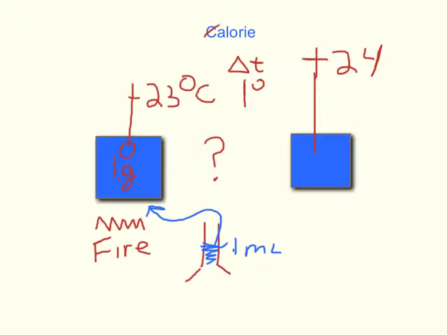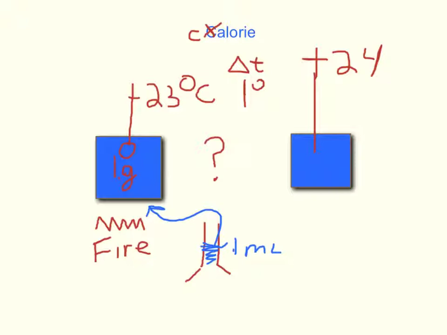A little typo here. This actually should have been a little c, c-a-l-o-r-i-e. So that's 1 calorie. Okay? So you take a gram of water, you raise it by 1 single degree, it takes a calorie. So here's my question to you.